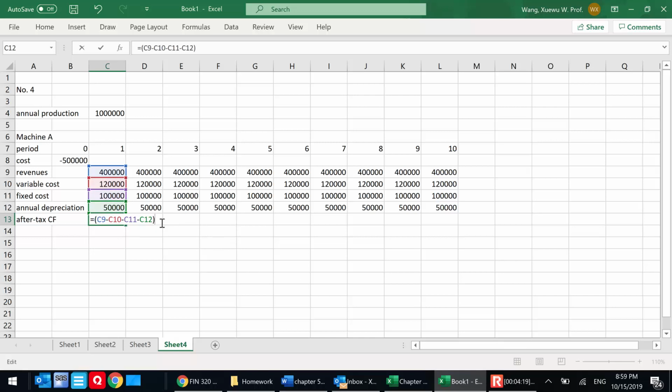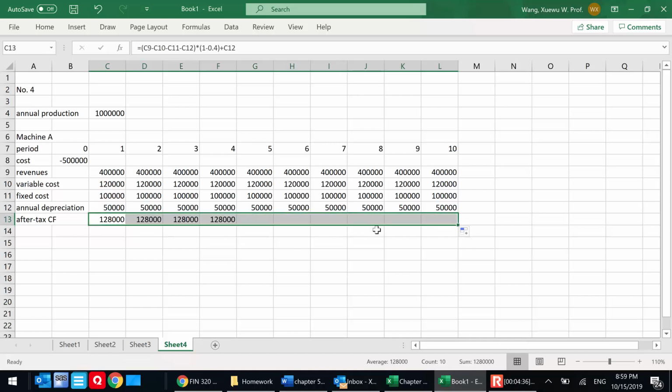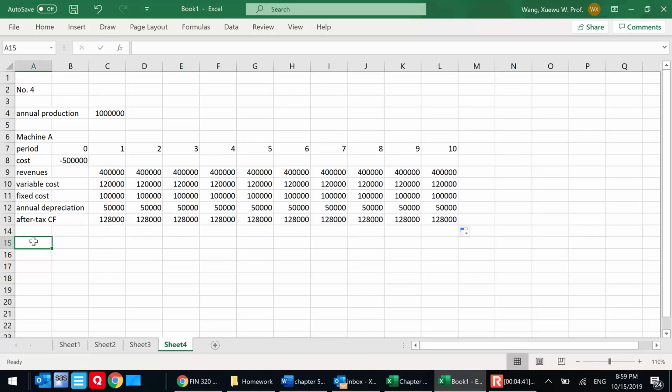This is 1 minus the tax rate, which is 40%. Since I took out depreciation, now I should put back depreciation. So that is your after-tax cash flow for the first year, and I can copy this across to get the same after-tax cash flow for all the other years.